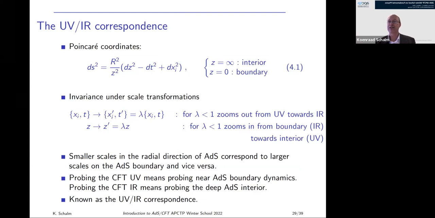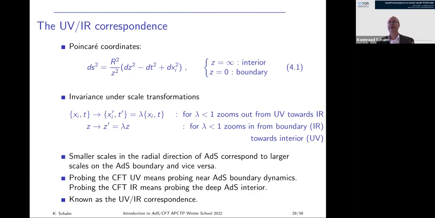What that really means, thanks to ADS/CFT, is that if you probe the UV CFT physics, that actually means you're probing the dynamics near the ADS boundary. Whereas if you probe the CFT IR physics, that means probing the deep ADS interior.